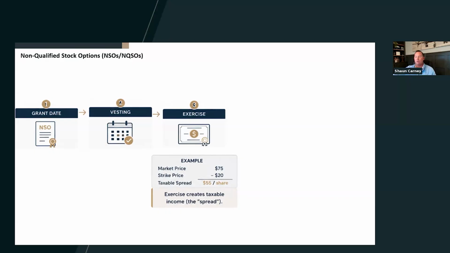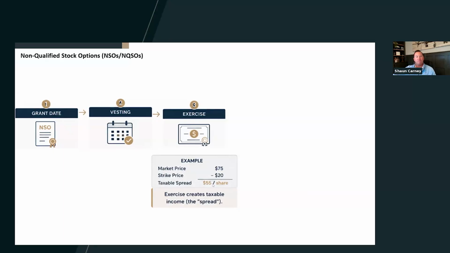If it's not lower than that, it's not worth anything. So in this example, my strike price was $20, meaning on this date, I had the opportunity to buy company XYZ for $20 a share, but it had jumped up to $75 a share by the time I'd gone through my vesting schedule and I got to my exercise date.